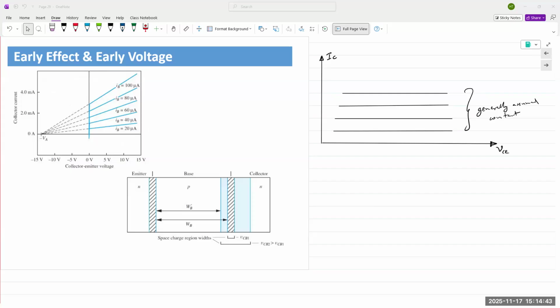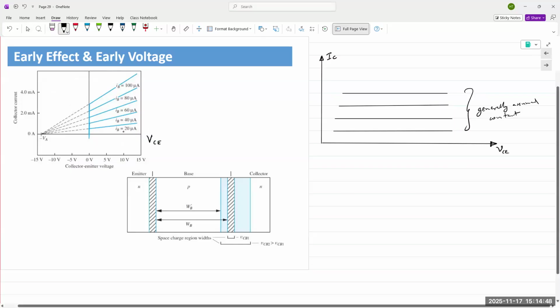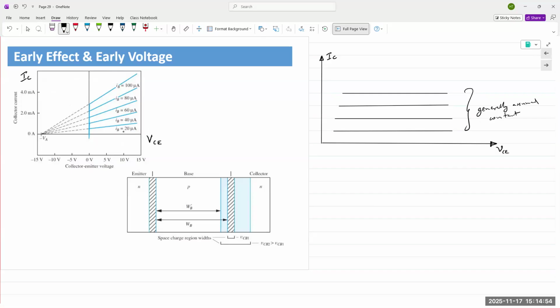Okay. All right. So as I was saying, we have VCE on the x-axis, and you have IC on the y-axis. Collector current, collector emitter voltage.